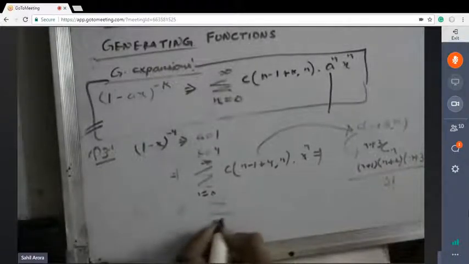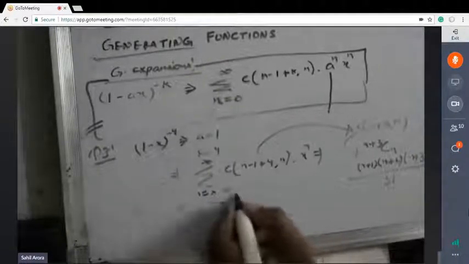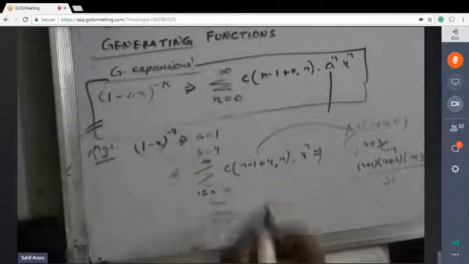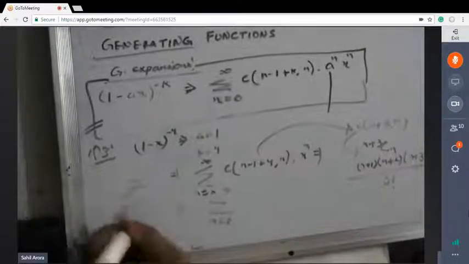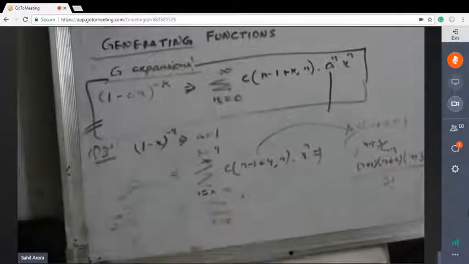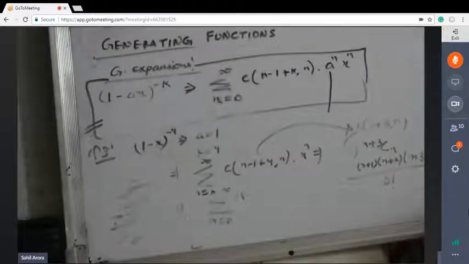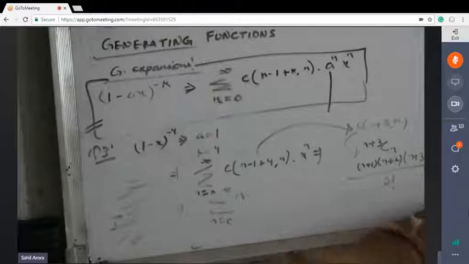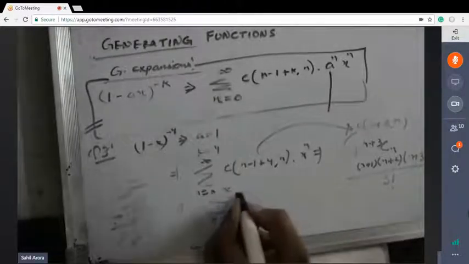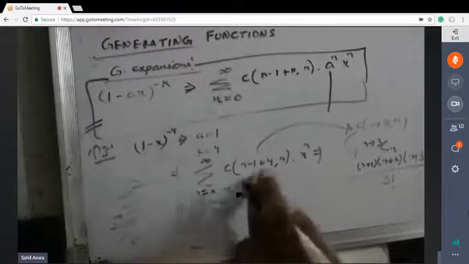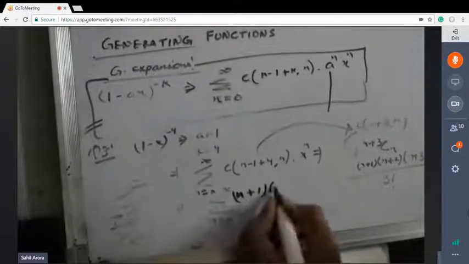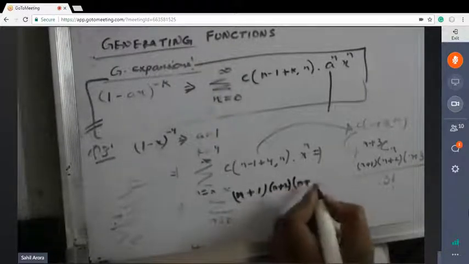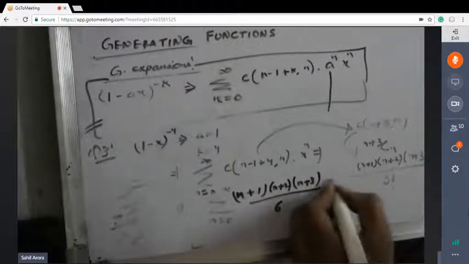We get summation n going from 0 to infinity of (n plus 1)(n plus 2)(n plus 3) by 6 into x power n.